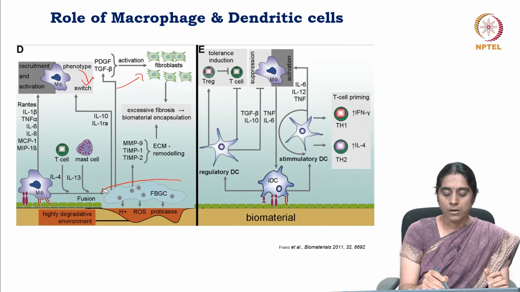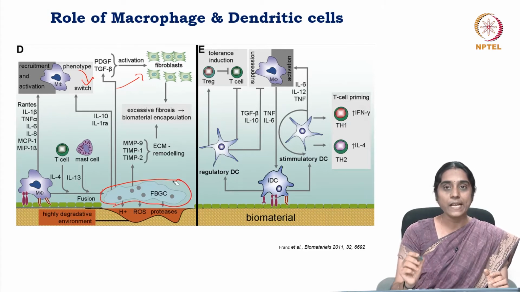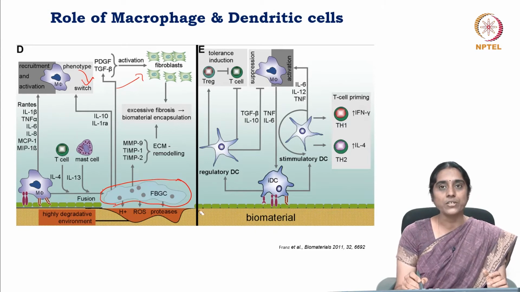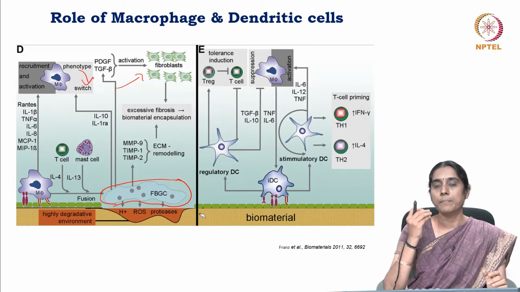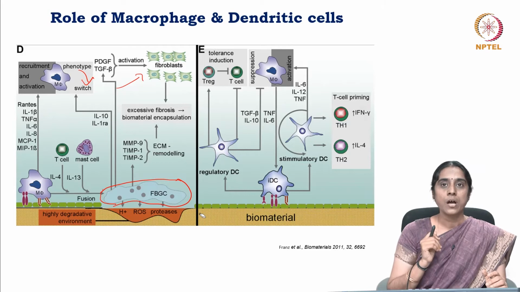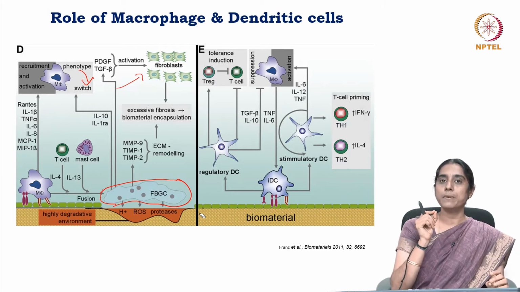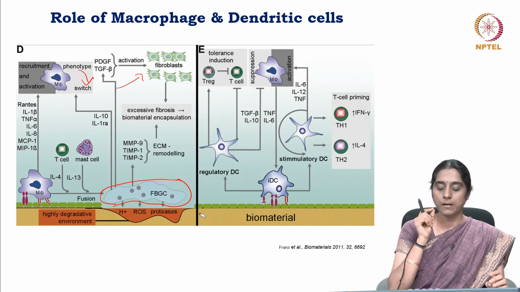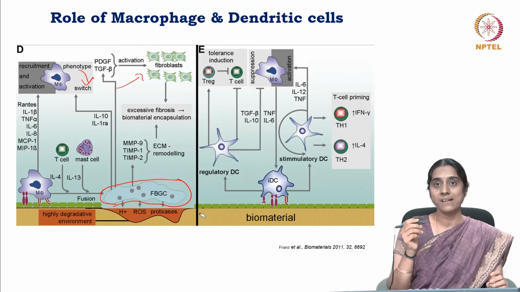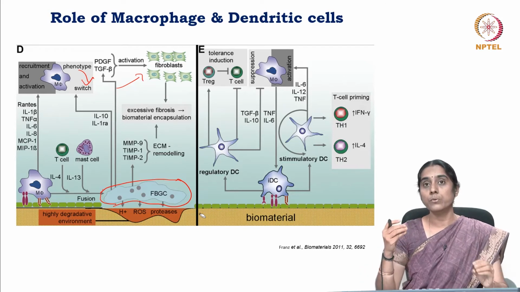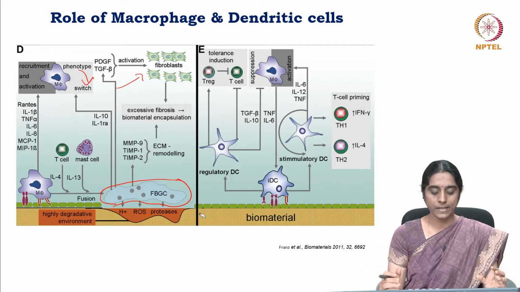And not only that, the foreign body giant cells are formed, and that will lead to slight damage at the implant placed site. This is a reason why there is loosening of the implant at the implanted site, leading to tissue loosening as well as implant failure.